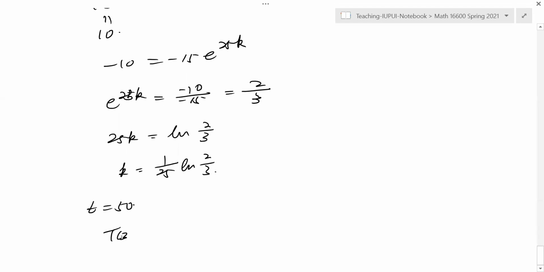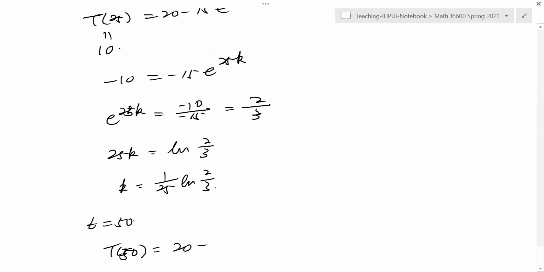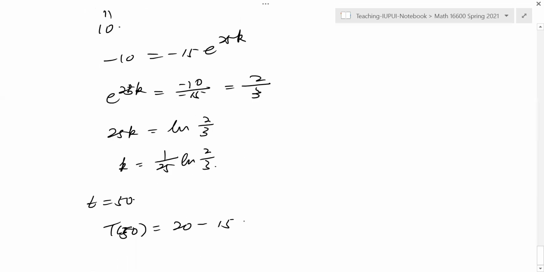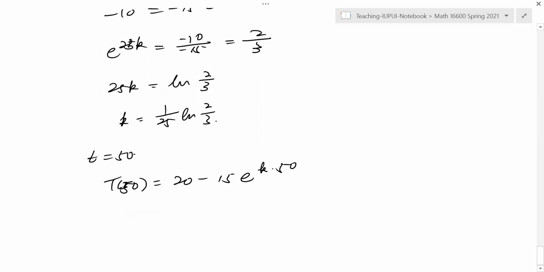Then T at 50 equals 20 minus 15 e to the k times 50. It's not too bad.